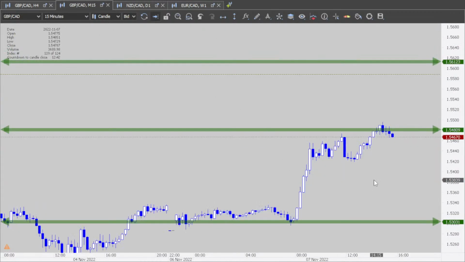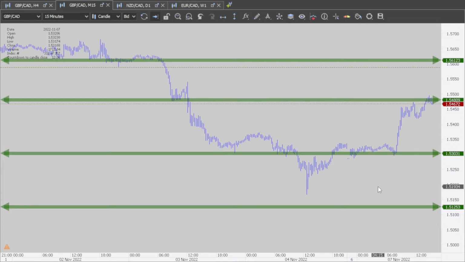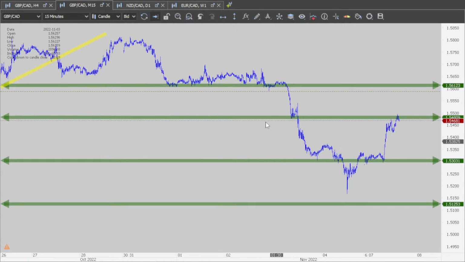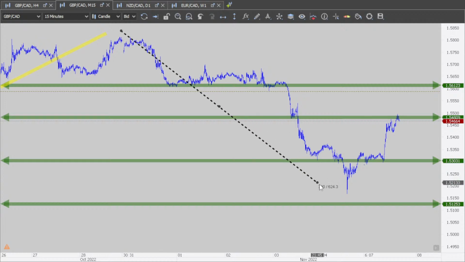Everybody, GBP CAD 15-minute chart, right? Then we are going to go back to EuroCAD. So, do we agree, everybody, that GBP CAD on the 15-minute chart from here to here was in a downtrend?